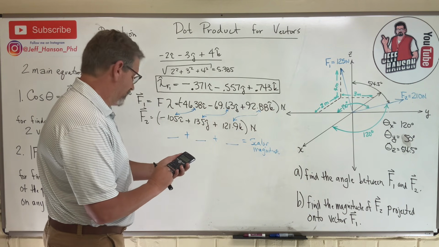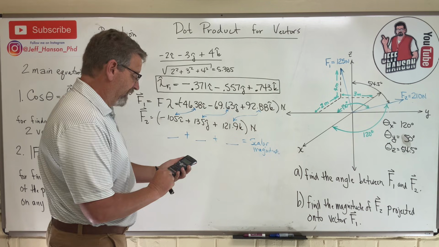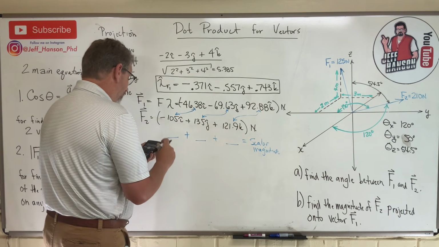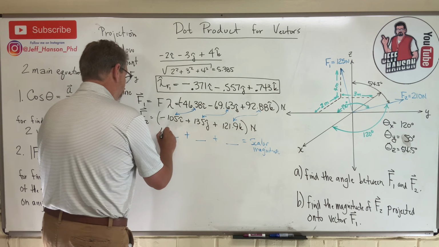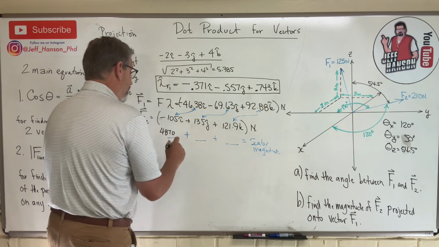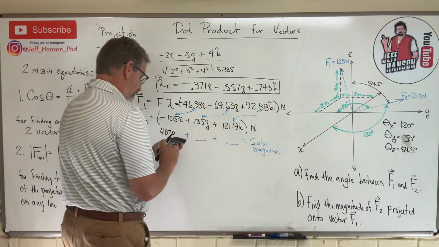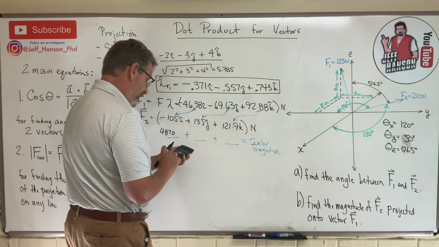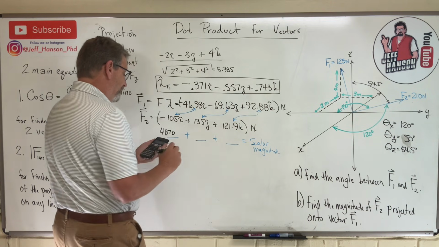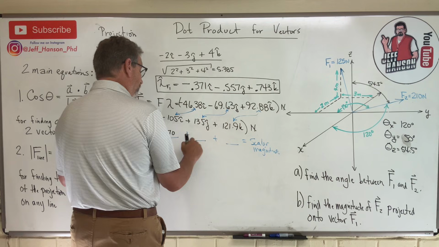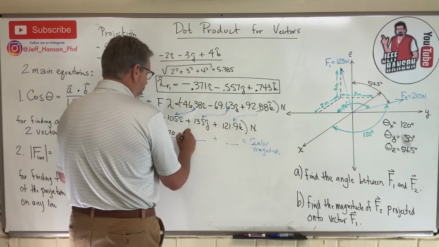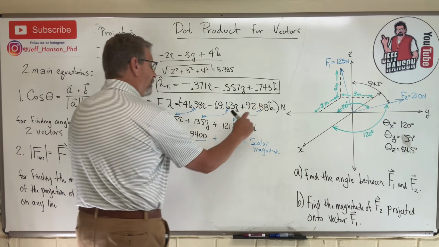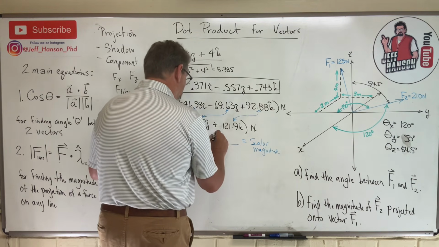46.38 times 105 equals, and I've got a negative times a negative, so that's going to give me a positive, 4870. Okay. Next, what do I have? 69.63 times 135 equals 9400. A negative times a positive gives me a negative 9400. Okay. And then what do I have? A positive times a positive. That's going to give me a positive.